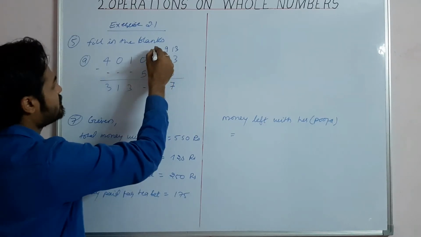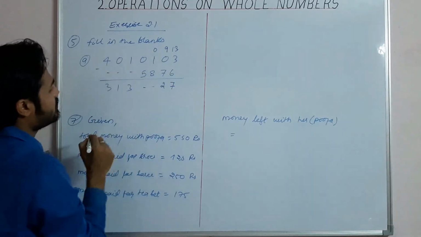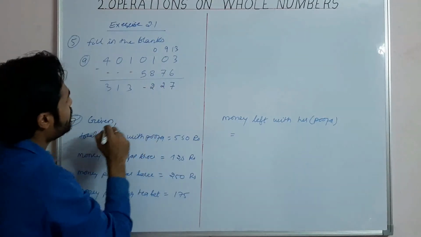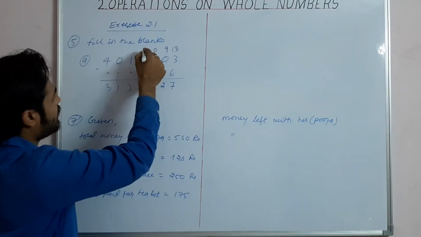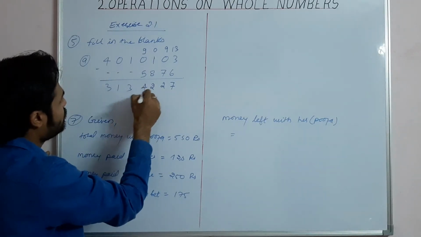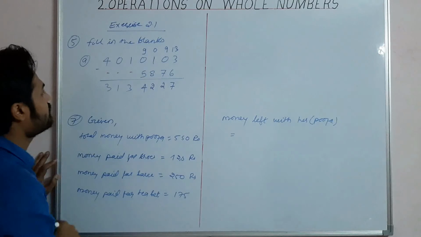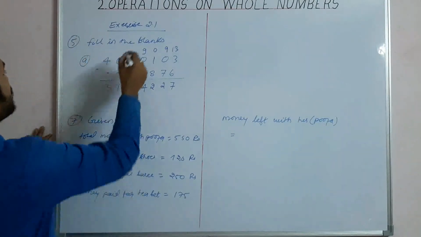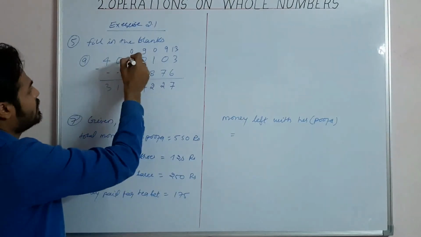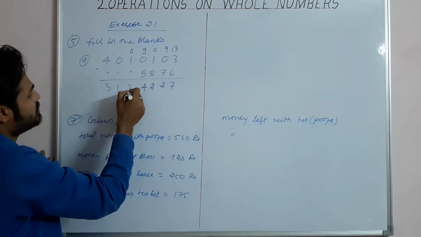Again this one becomes 0, or you can say 10. 10 minus 8 is also 2, and here this 0 becomes 9. 9 minus 5 is 4. Now here this one becomes 0. 0 means 10. 10 minus blank is equal to 3.